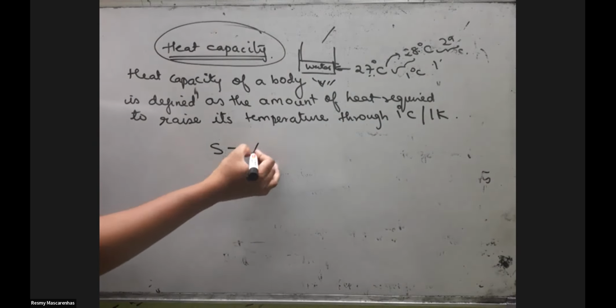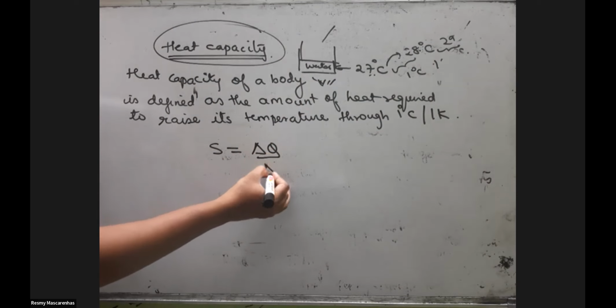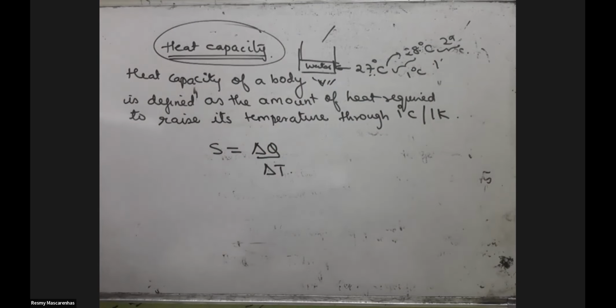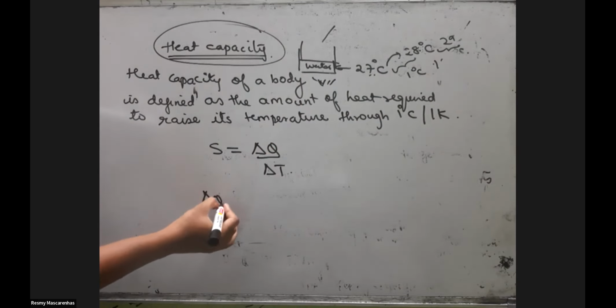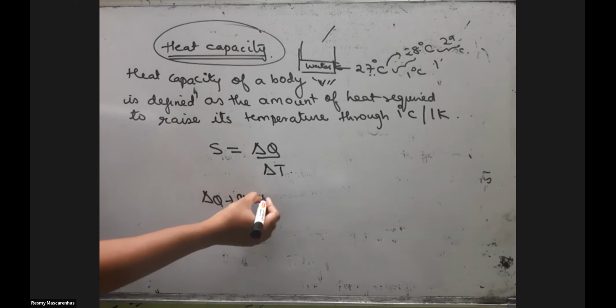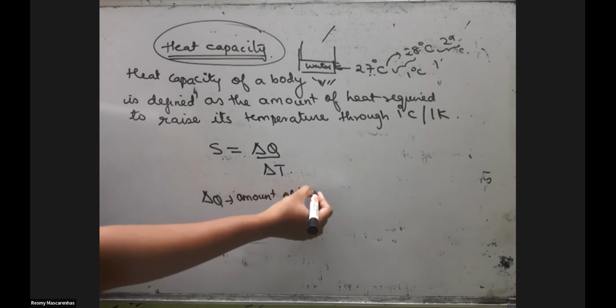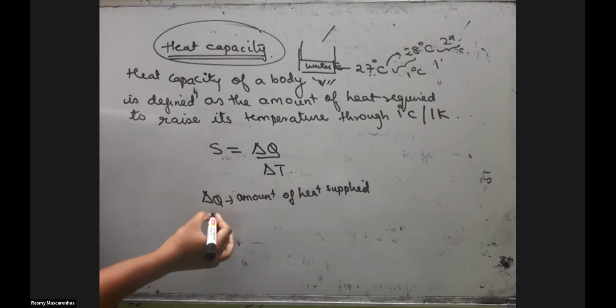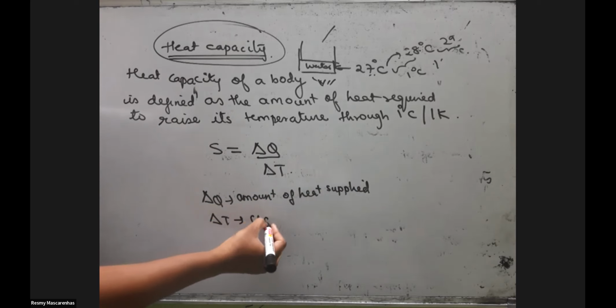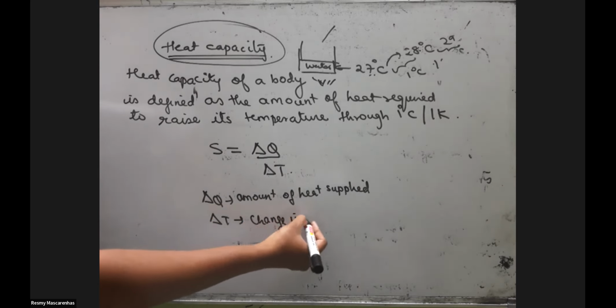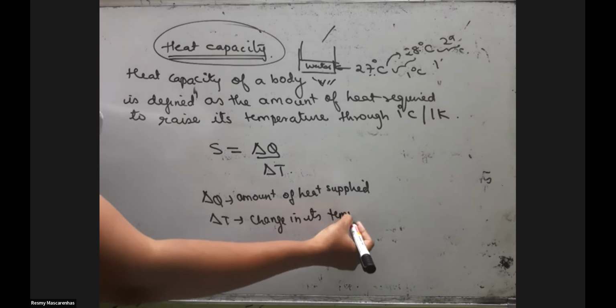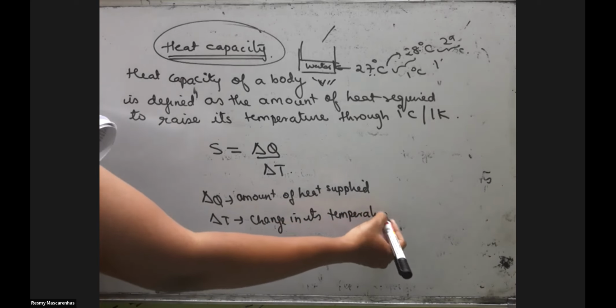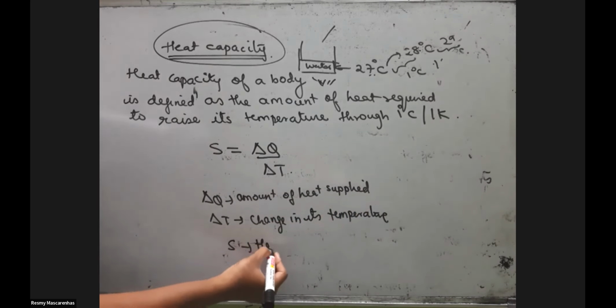So as per this, S equals delta Q upon delta T. Delta Q is the amount of heat supplied and delta T is nothing but the change in its temperature. And S is nothing but heat capacity.